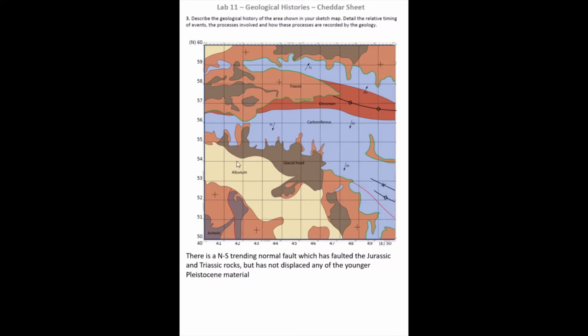You can't follow that fault into the glacial head, so it must have happened pre-Pleistocene, but post deposition of the Jurassic and Triassic rocks. And because it's a normal fault, the way I describe that in geological time is to say that there was a period of extension after the deposition of the Triassic and Jurassic rocks, which caused some of these north-south trending normal faults.